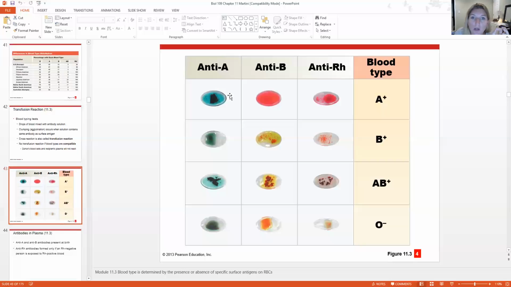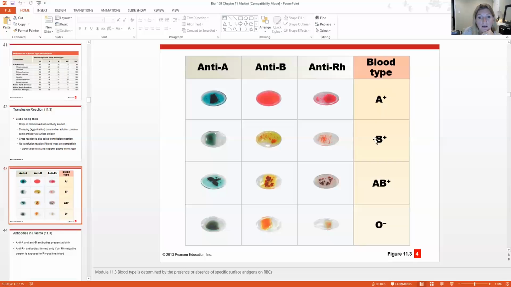So we're looking for compatibility. The positive test is going to indicate that they're not compatible. So anti-Rh is going to attack that Rh antigen. You cannot give this anti-Rh serum to someone that is Rh positive.